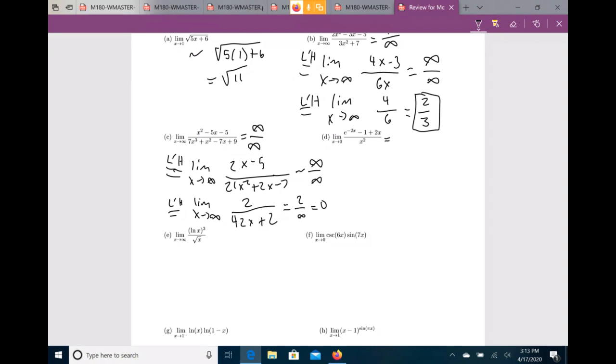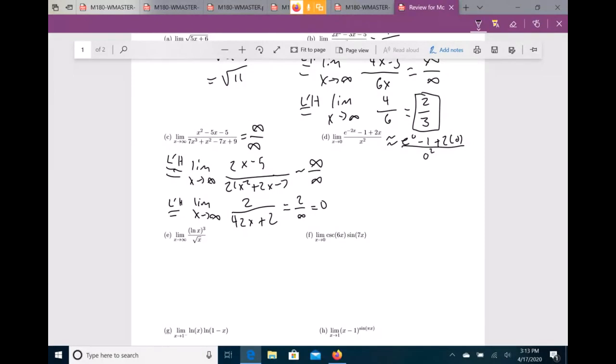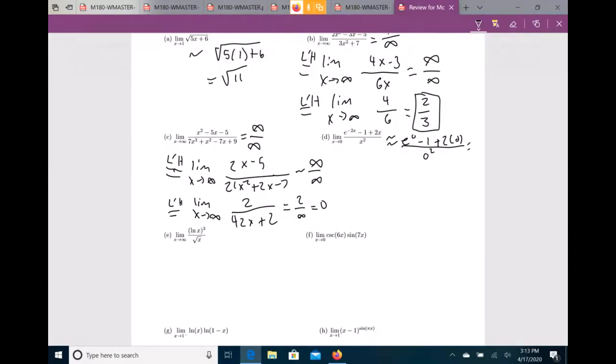If I let x go to 0, then I get something that looks like e to the 0th power minus 1 plus 2 times 0 divided by 0 squared. So what is e to the 0? Just 1, right? So I get 1 minus 1, which cancels out, and then every other term is 0. So this looks like 0 over 0.